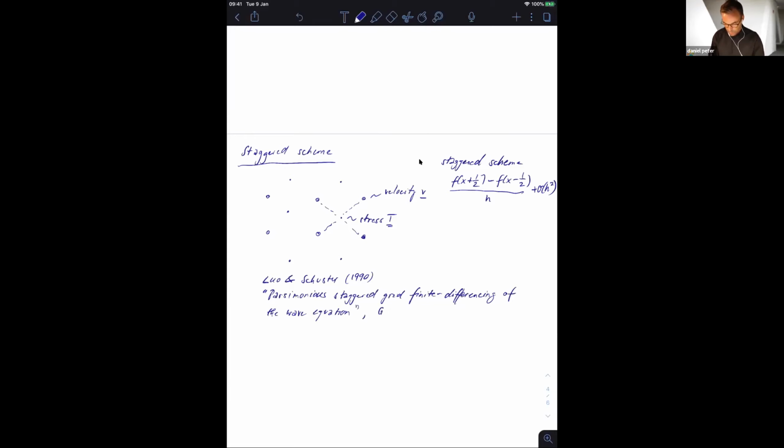That appeared in the GRL journal. It's one of the main references for all these staggered schemes that we use now in wave propagation. There's also work from Jean Virieux, if you want to look him up. He was also advocating these staggered grid solutions.